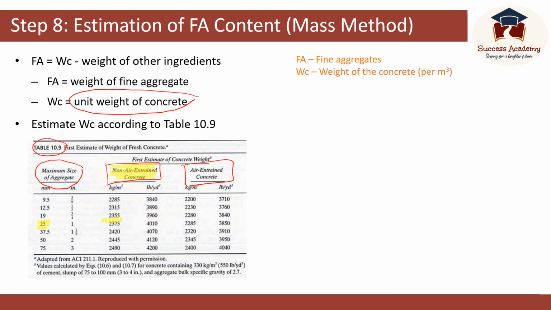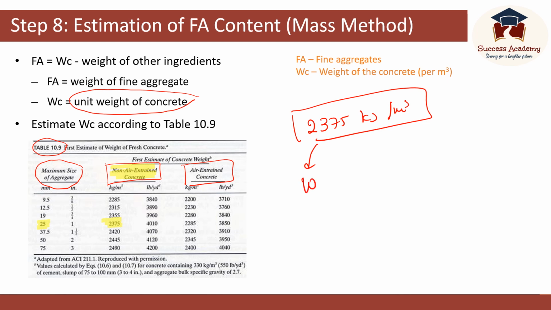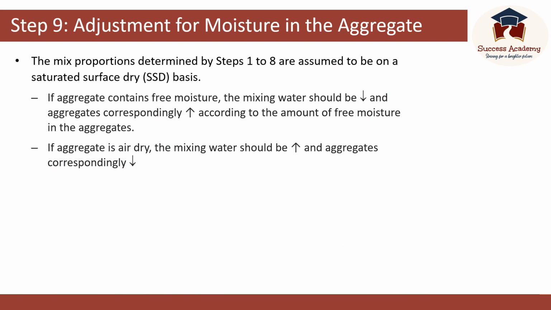So the unit weight of the fresh concrete is 2375 kilograms in a cubic meter of fresh concrete. This is the total weight, and we already found the weight of coarse aggregates, weight of water, and weight of cement. If we deduct all these three from the total weight of the fresh concrete, we can find the weight of fine aggregates.